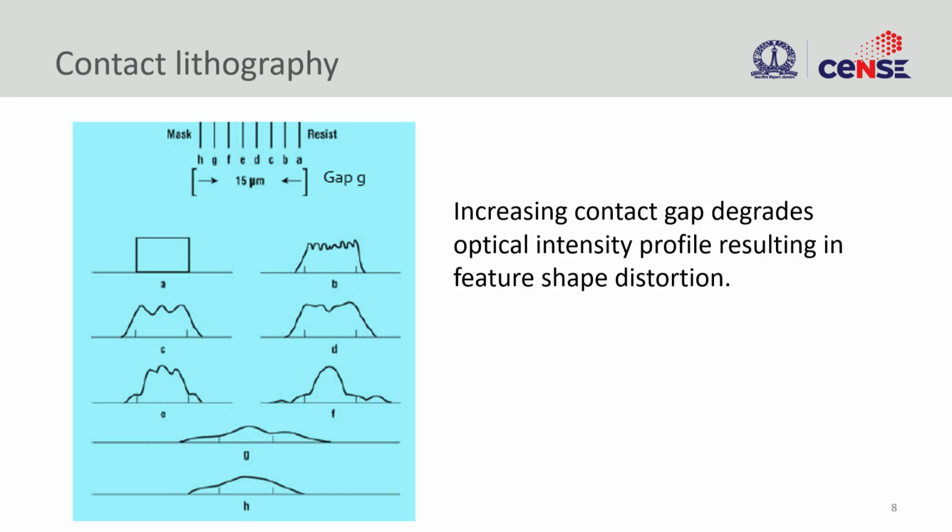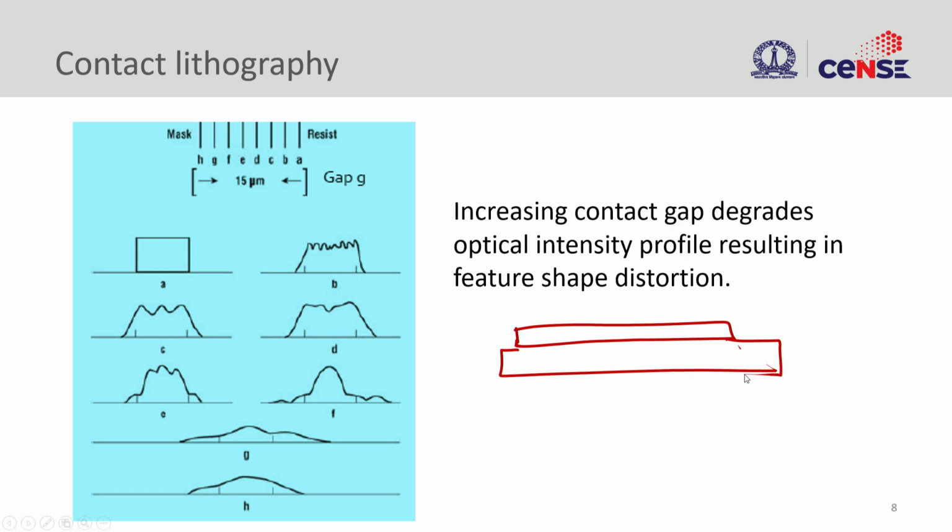The gap between the mask and the wafer, as I mentioned, should be 0, but you can always have some non-uniformity while fabricating on a large wafer. Let us say this is about a 100 millimeter wafer, and this is the mask that you have.